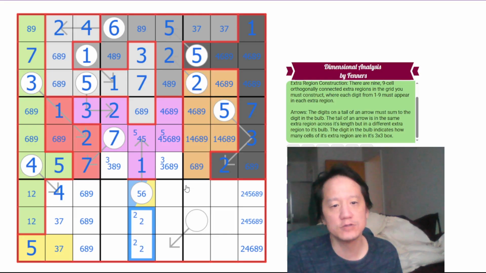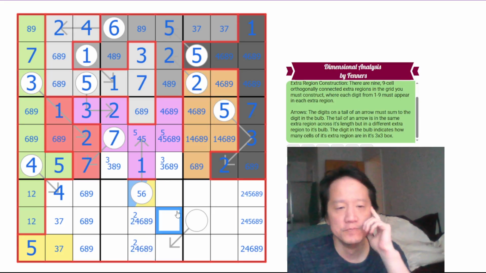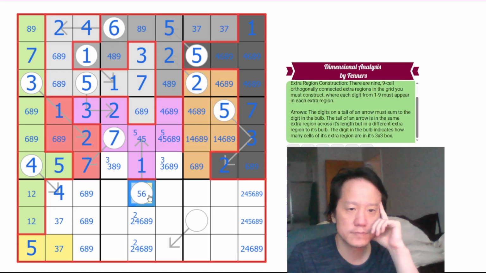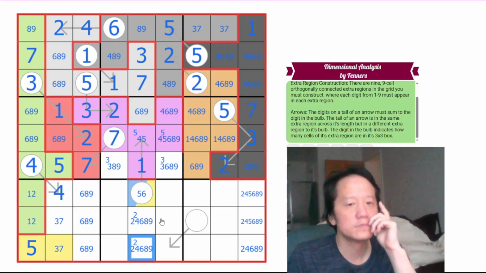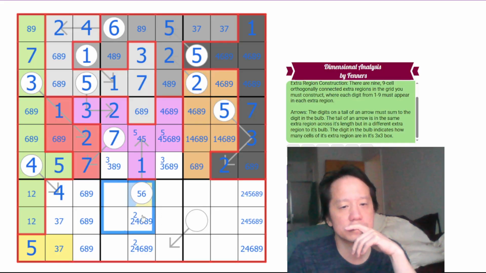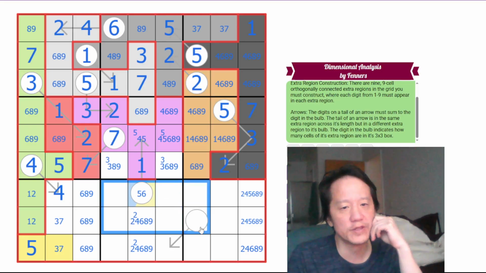It could be 2, 4, 6, 8, and 9. Okay, so yellow still could be fine here. This could be blue going that way, right?